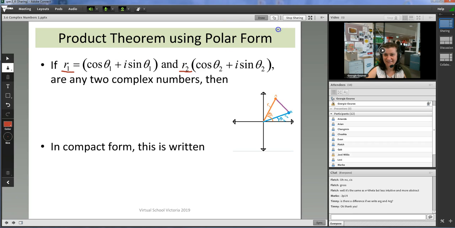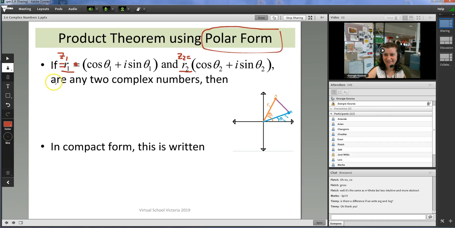Why do we use polar form? Because it makes multiplication and division easier for complex numbers. So if we put a number into polar form, I think I've made a typo here. That should be Z1 equals, and Z2 equals.